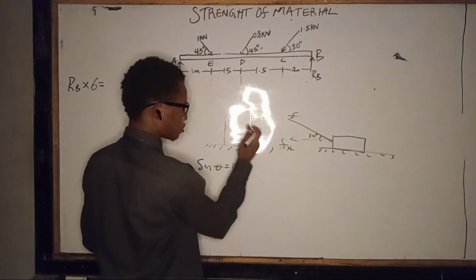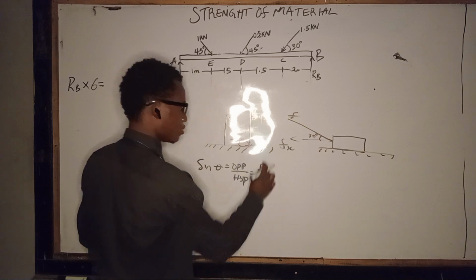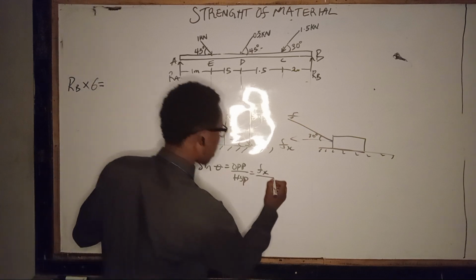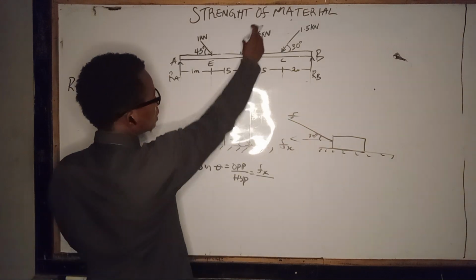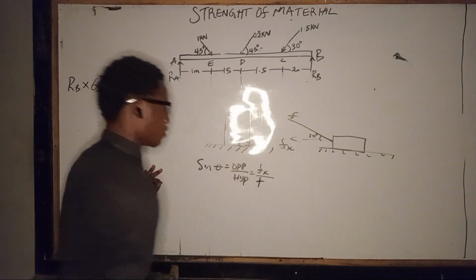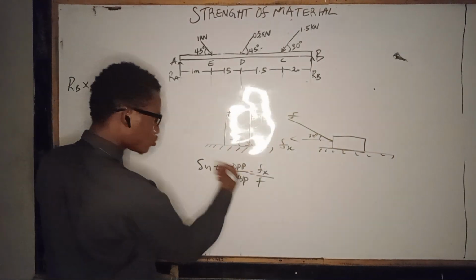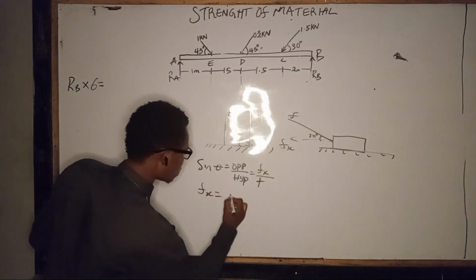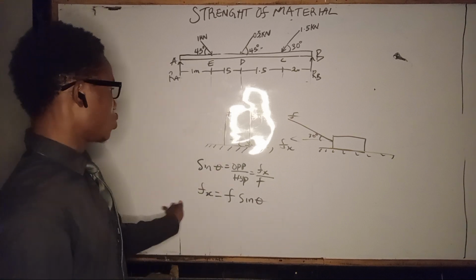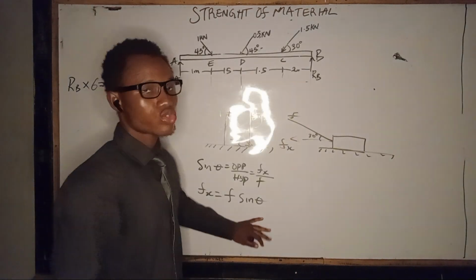So the opposite is the vertical component F of y, divided by the hypotenuse, which is the force F that is usually given. Cross multiplying, our vertical component is equal to F sine theta.